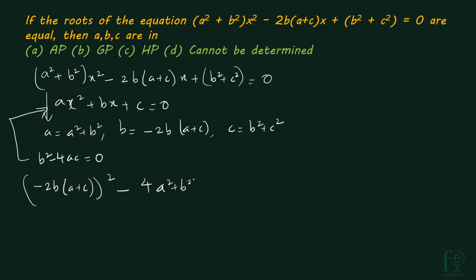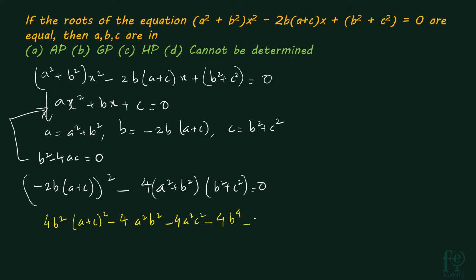So 4 into (a square plus b square) into (b square plus c square) is equal to 0. So you will be getting 4b square into (a plus c) the whole square minus 4a square b square minus 4a square c square minus 4b raised to 4 minus 4b square c square is equal to 0. Then multiply inside.